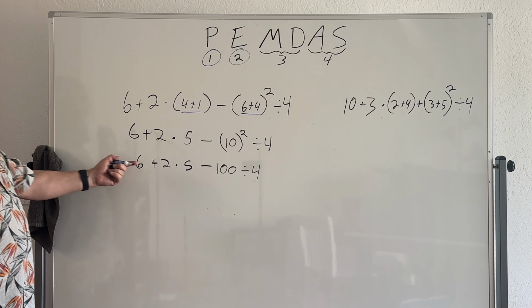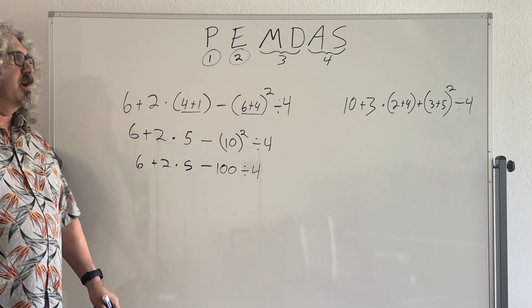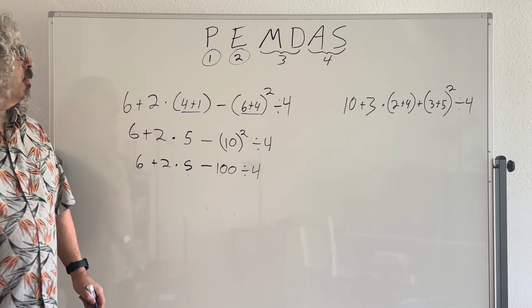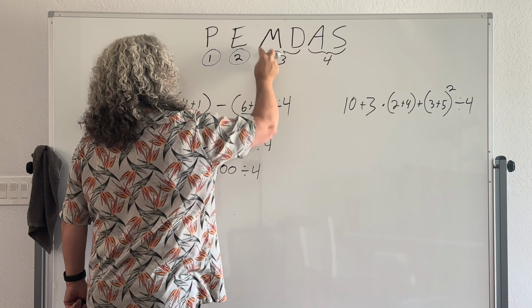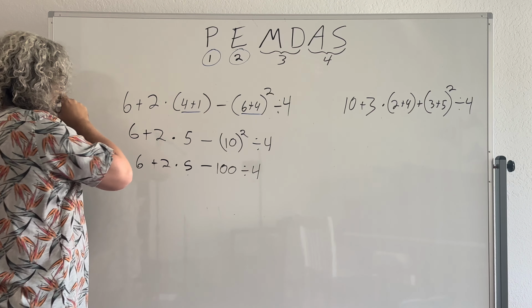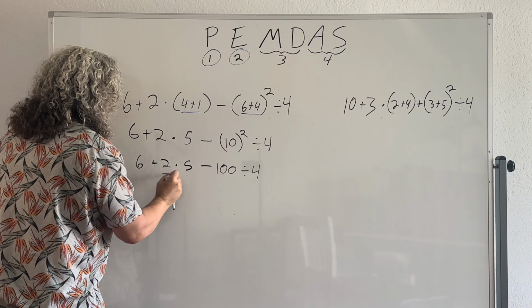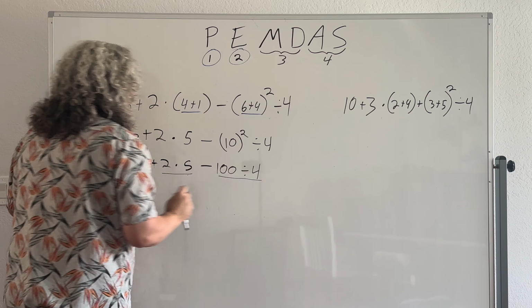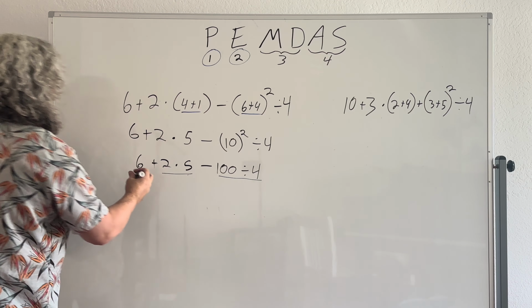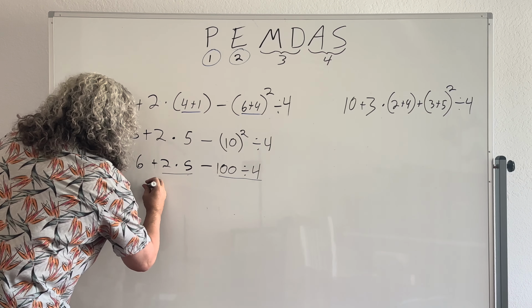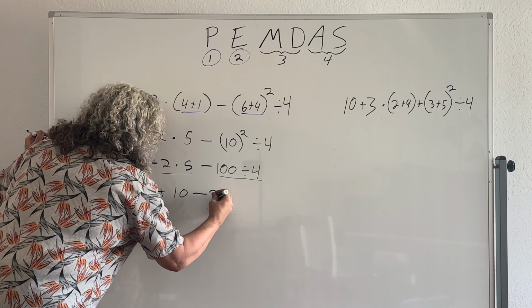Great. Now all I have left is addition, subtraction, multiplication, and division. And we learned from the part 1 exercise, any multiplication division that happens, we go left to right. Well, I see a multiplication here, and I see a division here. Everything else we're going to copy. So I'm going to go 6 plus 10 minus, well, what's 100 divided by 4? 25.